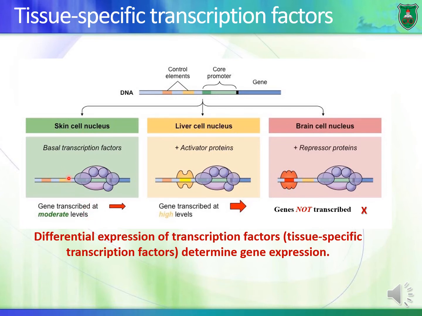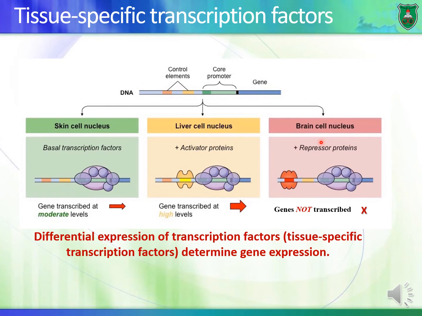Why? Because you have the pre-initiation complex with the RNA polymerase and the general transcription factors. So you have some expression. But in liver, you have a lot of expression going on. Expression is really strong. Why? Because in addition to the pre-initiation complex, you have an activator that binds to the promoter-proximal element.